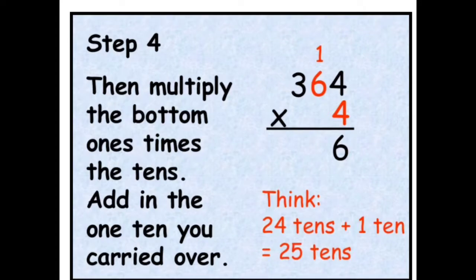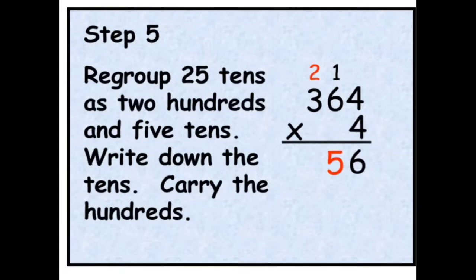What is the answer? 25 tens. Then add again the same process. Add in the 1 ten you carried over. It means 5 is here and 2 is here. Again regrouping 25 tens as 2 hundreds and 5 tens. So 2 is the place of hundreds and 5 tens is the place of tens.